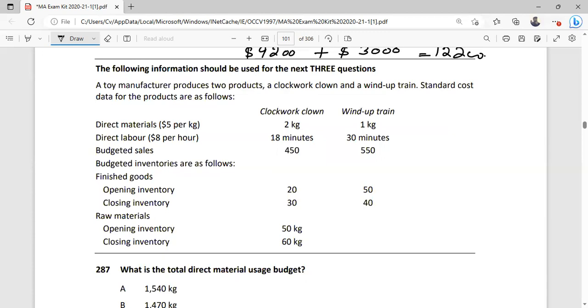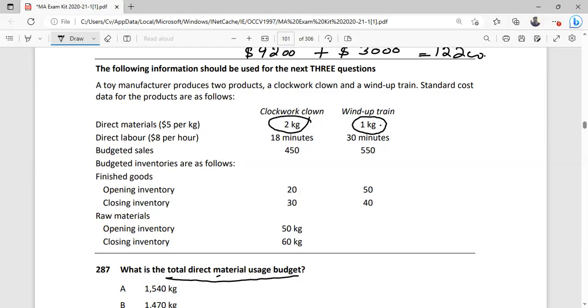Next question, he says, what is the total direct material usage? Total direct material usage is equal to what? Budgeted material usage per unit into budgeted production units. So for this product, we have budgeted material usage of 2, and for this product, we have a budgeted material usage of 1. Multiply with budgeted production units.